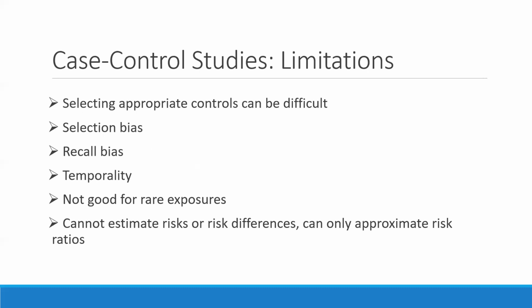case control studies. Recall bias is when cases and controls don't remember the past in the same way. A classic example would be, say, you investigate an outbreak of severe E. coli infection, where patients had hemolytic uremic syndrome, and it's food related, right?